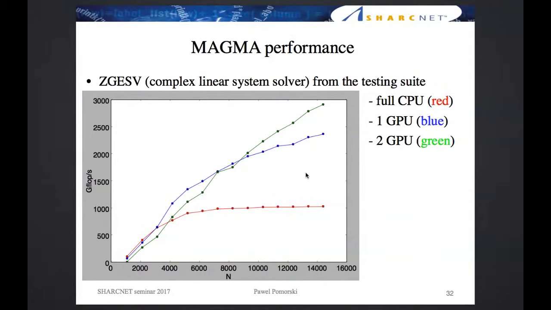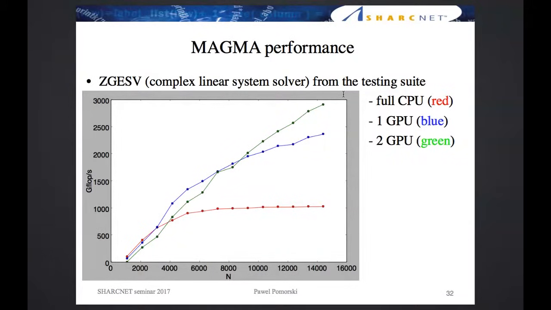And notice here that while the CPU saturates, the GPU doesn't seem to saturate, but that's the highest I can go because I just fill up the memory. But if I had more memory on the GPU, if I bought a more expensive GPU which had more memory, I could probably get even higher number of gigaflops per second.